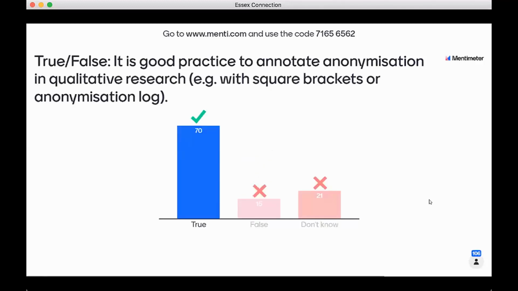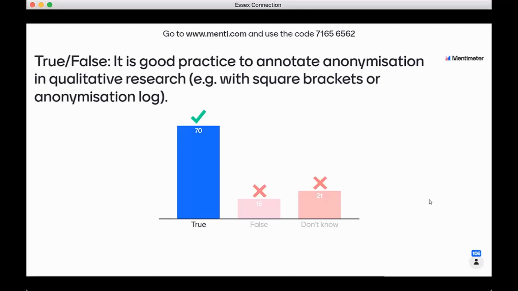Yeah, Maureen? Okay. Yeah, that tends to be what we recommend, and I'll talk a little more later about what that is. It's usually a good idea to keep track of anonymization changes somewhere. It may be by annotating the transcript, or it may be keeping a separate anonymization log. There might be some disciplines where that's problematic.